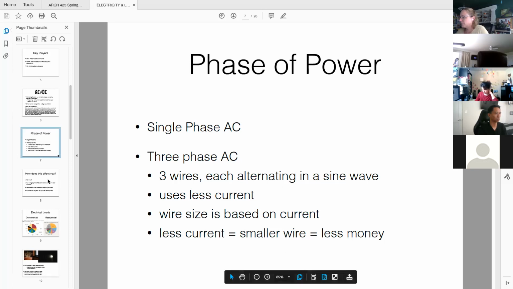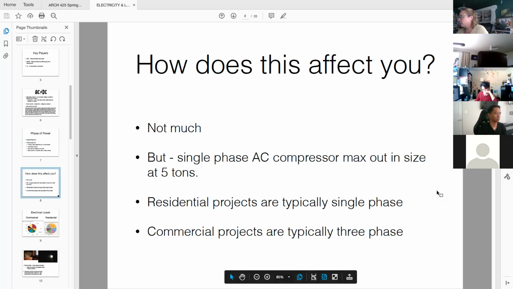So my synopsis on how does this affect you? Not a whole lot, but I want you to know about it. I want you to know the difference, and being aware that single phase HVAC equipment, we haven't talked about active equipment in a while, but the power available for that equipment size maxes out at about 5 tons.